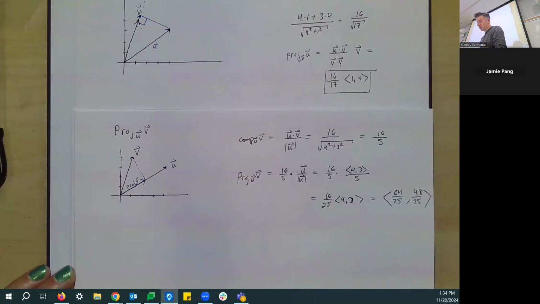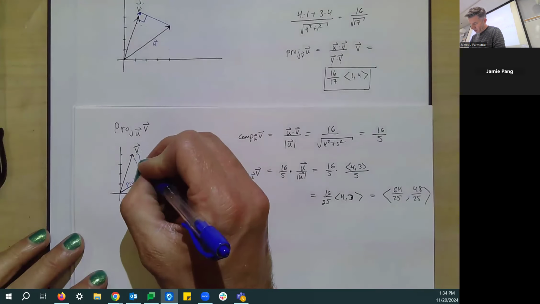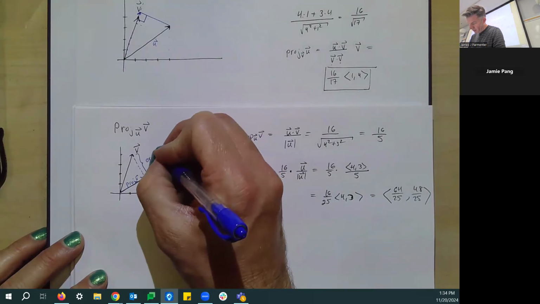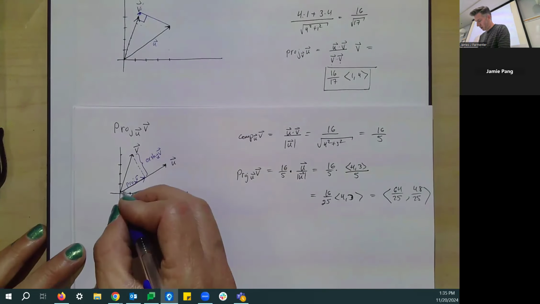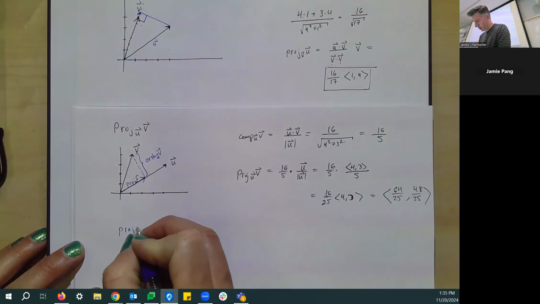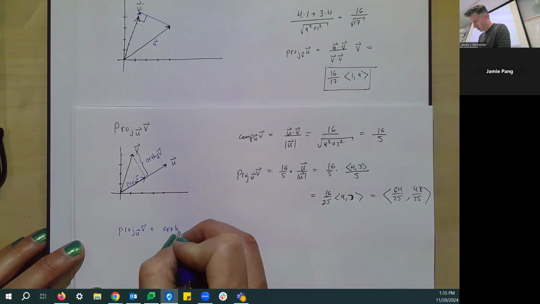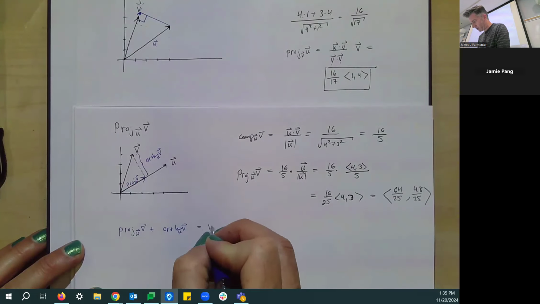And then the last thing we sometimes ask about is the orthogonal complement. This part right here, the orthogonal complement of v onto u. And to find that, we have to find the projection first, typically. And then you say, oh, well, look, the projection of v onto u plus the orthogonal complement of v onto u should add up to the vector v.